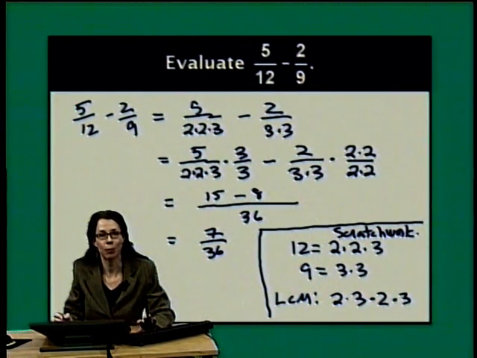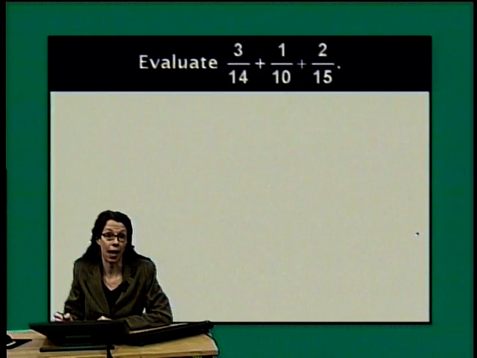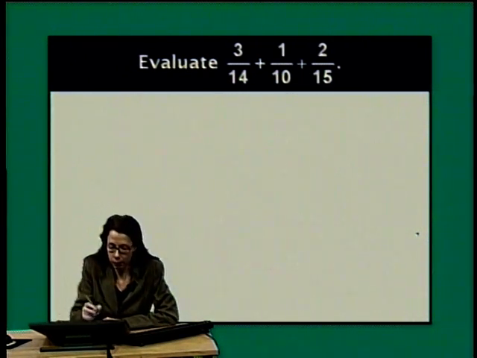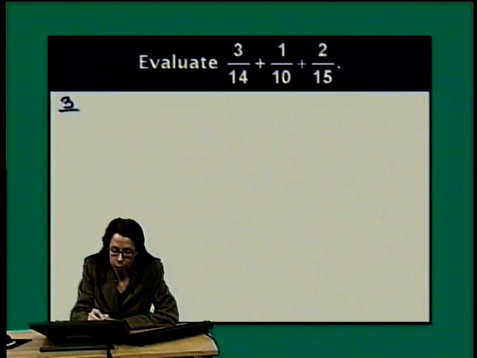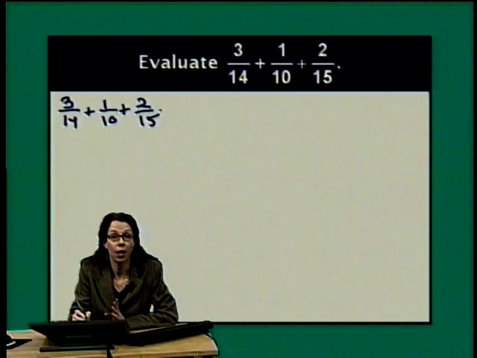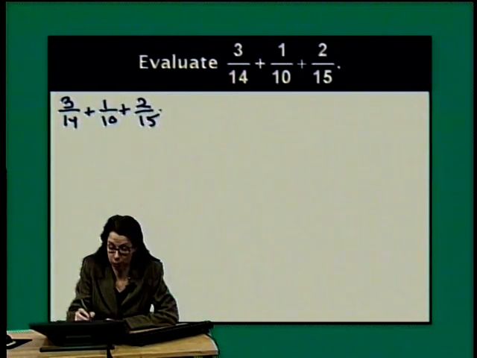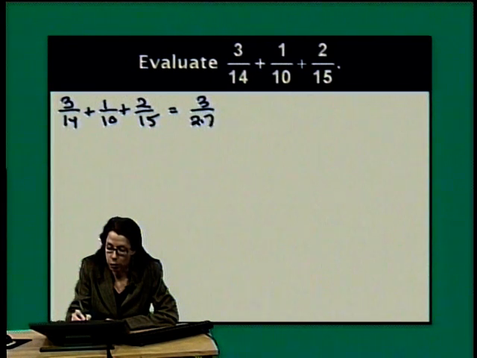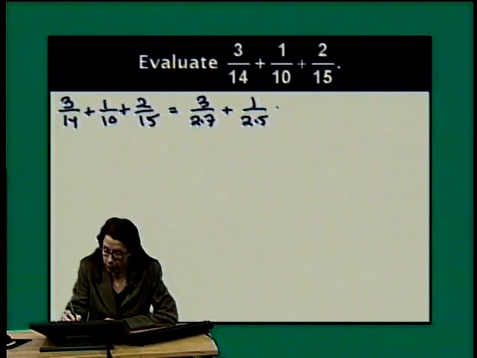Let's do another example. Here we're going to add 3 fractions. I'm going to start with 3/14 plus 1/10 plus 2/15. I'm just going to start by factoring the denominators. 14 factors into primes 2 times 7. 10 is 2 times 5. 15 is 3 times 5.